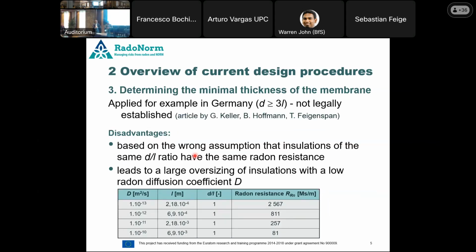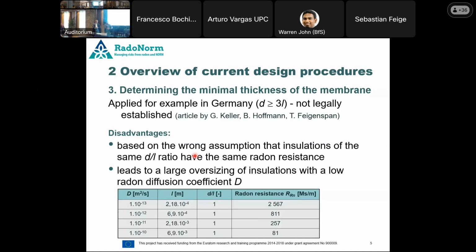The third approach is to make a correlation between the thickness and the radon diffusion length. This is used, for example, in Germany, where the requirement is that the thickness of the membrane must be at least 3 times the diffusion length of radon in the membrane.